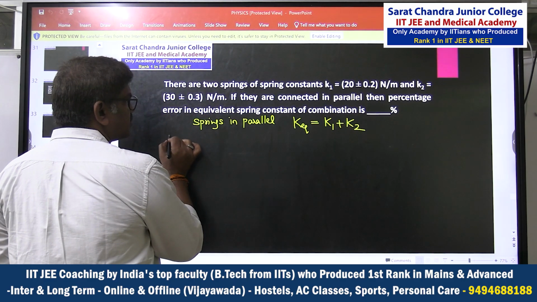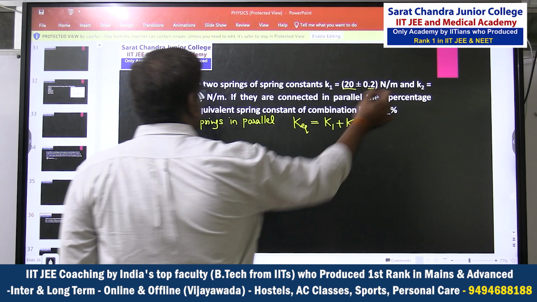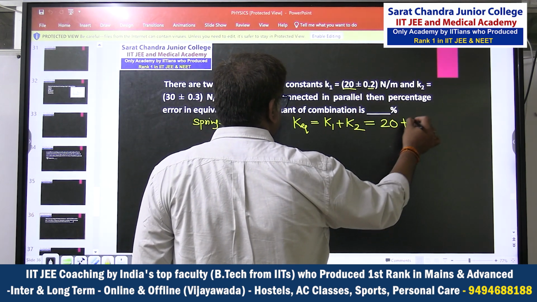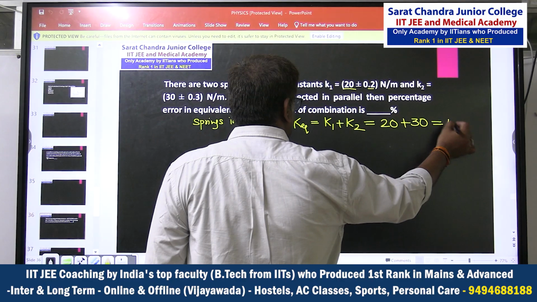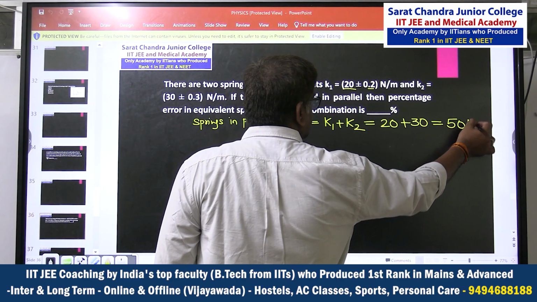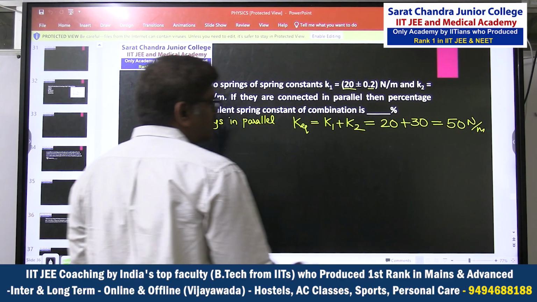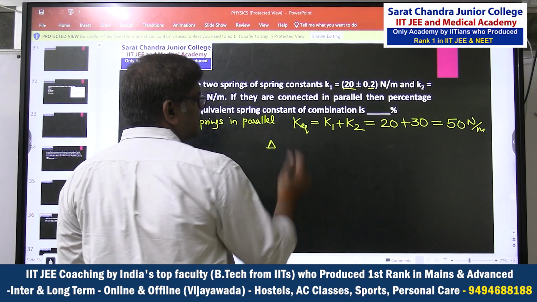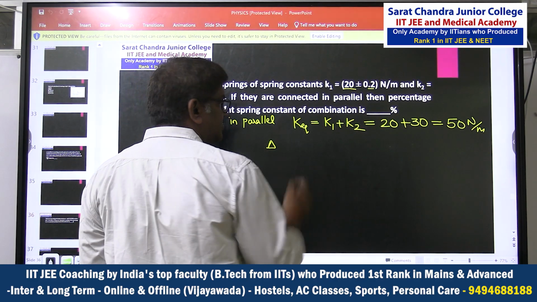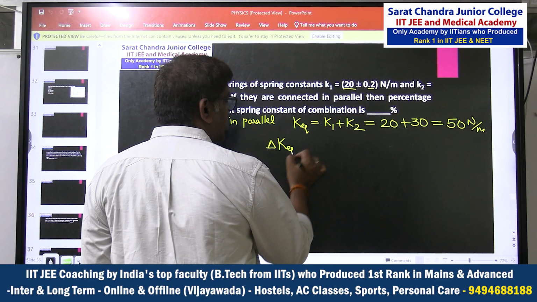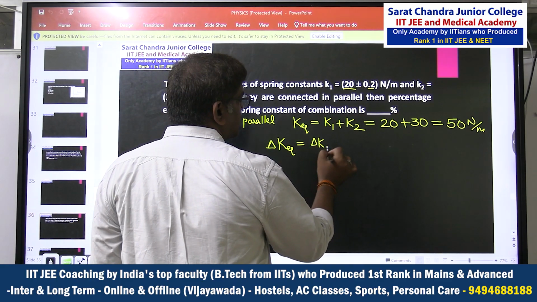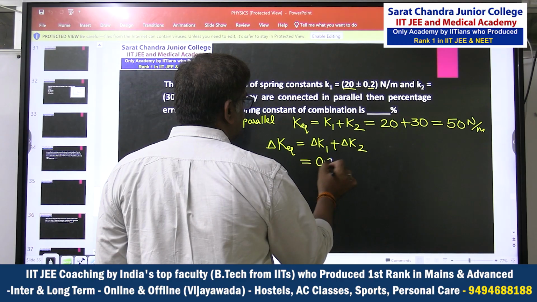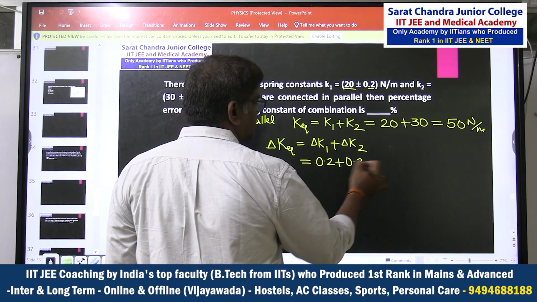Now your K1 value is given to you as 20 plus or minus 0.2. That means if I calculate K1 plus K2, it is 20 plus 30, which equals 50 newtons per meter. Also, you know that when Z equals A plus B, how to add their errors? Delta Z equals delta A plus delta B, meaning here delta K equivalent equals delta K1 plus delta K2. So delta K1 is 0.2, delta K2 is 0.3, which gives you 0.5 newton per meter.